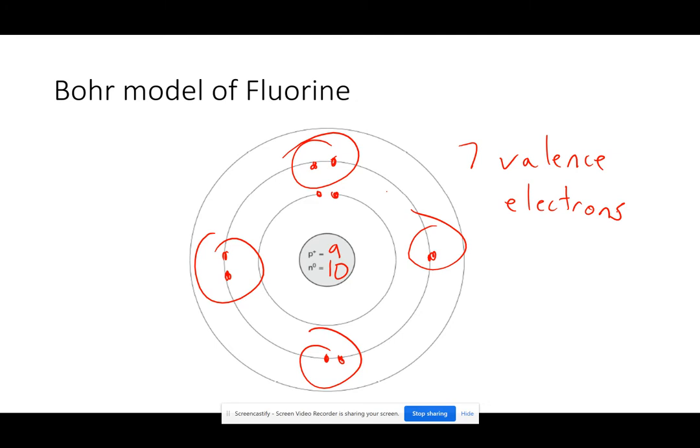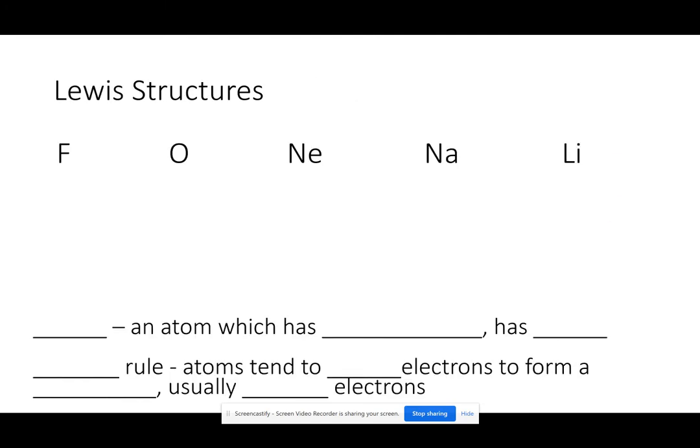One of the ways that we can show valence electrons is through what's known as Lewis structures. This guy named Lewis came up with a way to draw and represent atoms, elements, and compounds. The way it works is we have the atomic symbol for fluorine, and on the outside, we just draw its valence electrons.